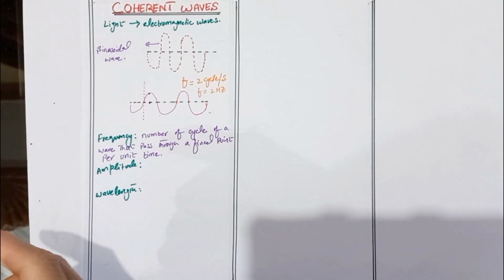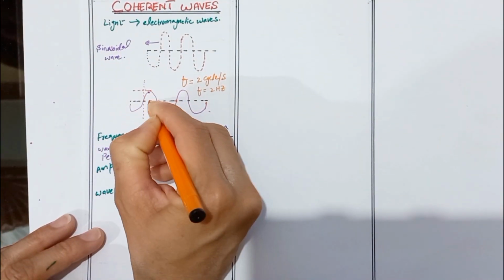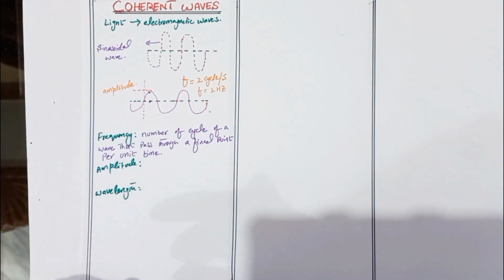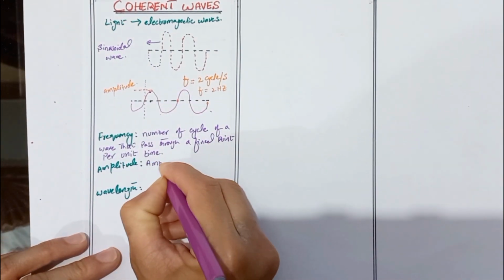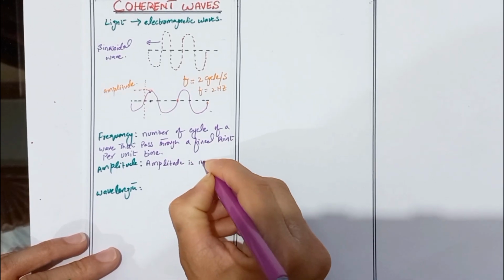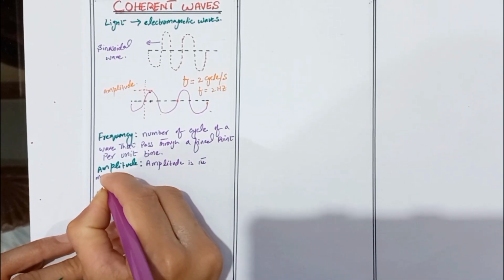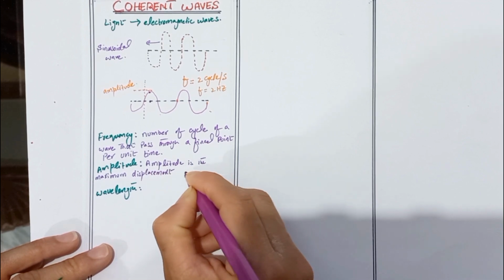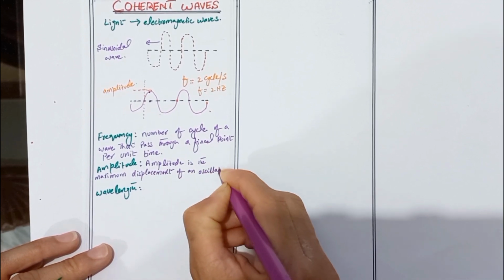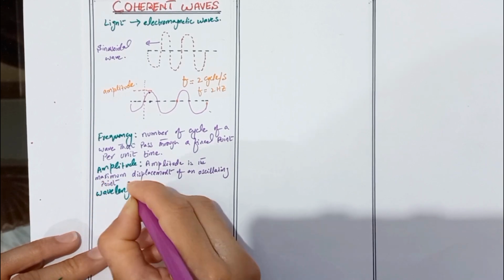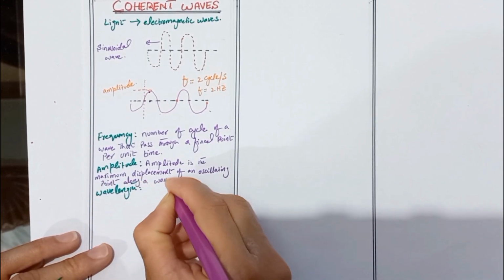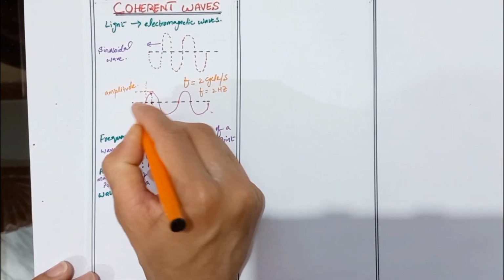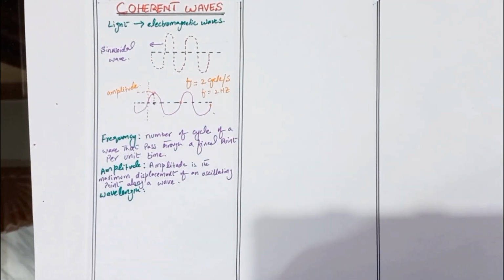In other words, the amplitude is the maximum displacement of an oscillating point along a wave from the dotted line.